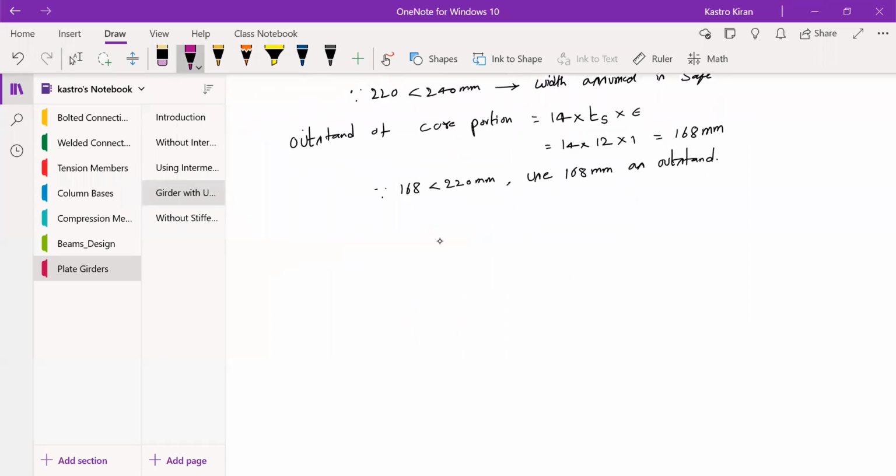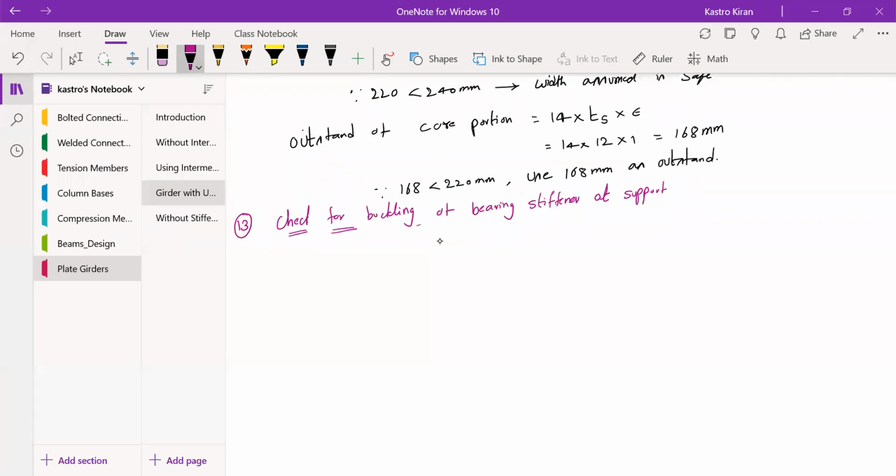Now the next step, which is the 13th step, is check for buckling of bearing stiffener at support.